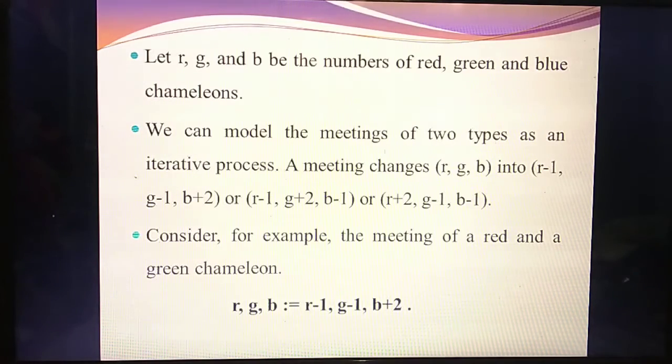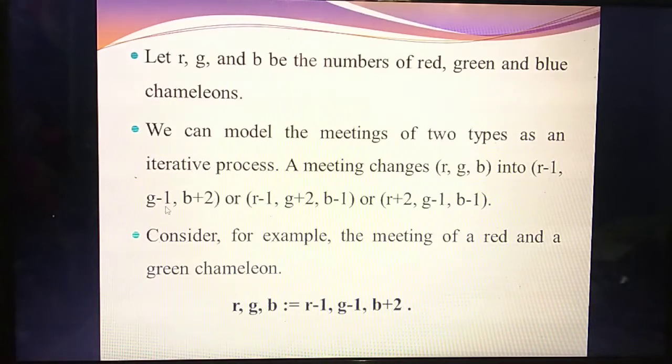Understand? For green color, if 10 chameleons are there, one from the 10 is conducting the meeting. So you are reducing the total number of red by 1 and the total number of green by 1. So R minus 1 and G minus 1.